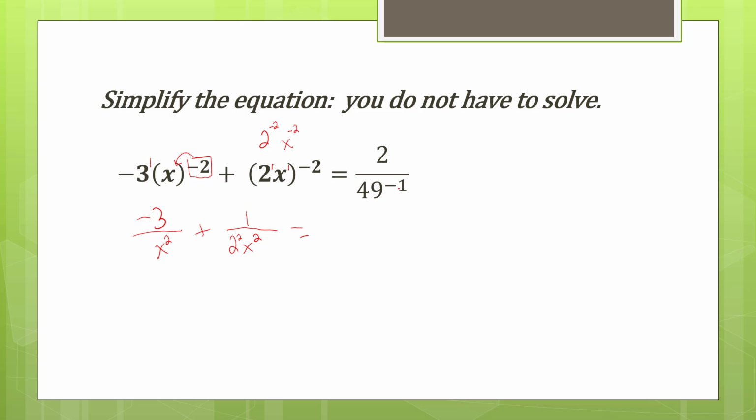All right, over here, we have 49 to the negative first power. Well, in order to make 49 happy, we've got to bring that entire term up in the numerator with its base. So we'll end up with 2 times 49.